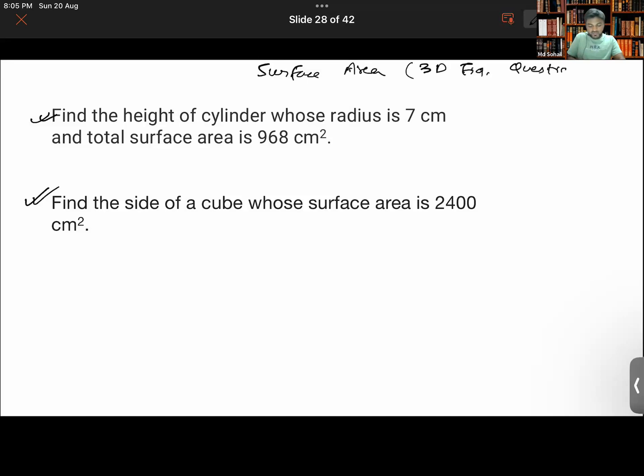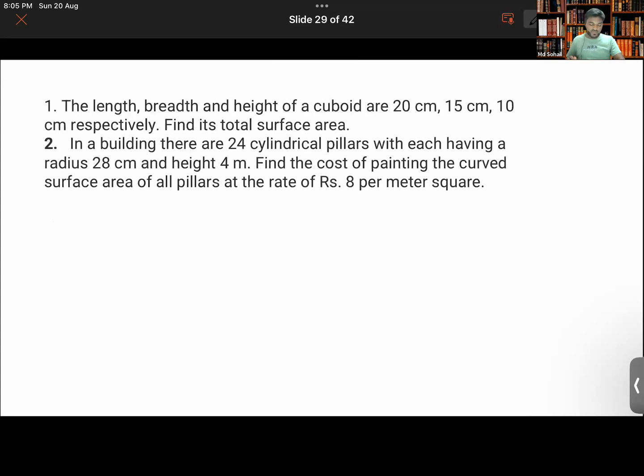You will be solving them at your home after the class. Take the screenshot of this one also. After the concept, if time is remaining, we will be solving these questions.